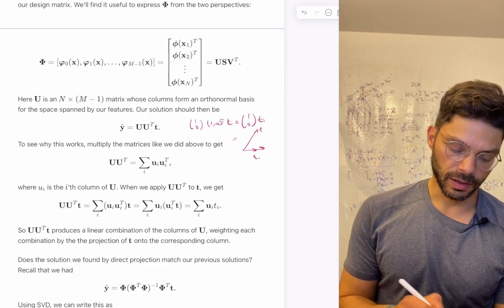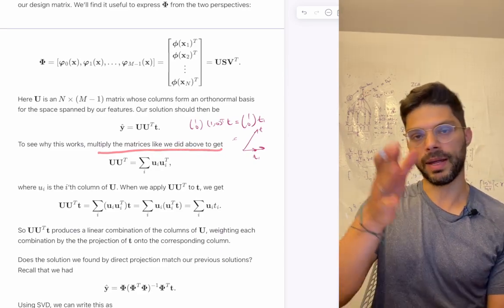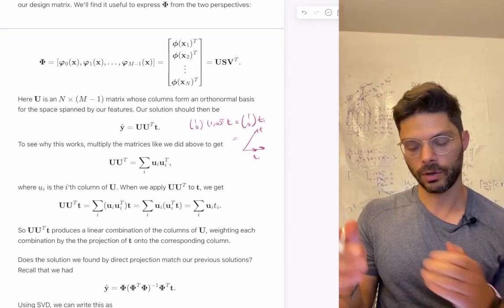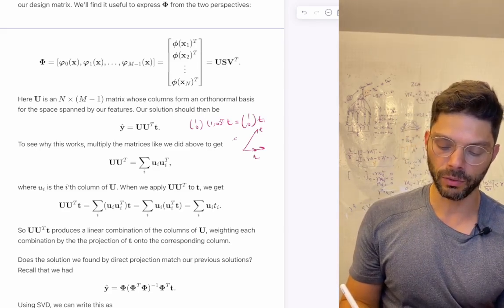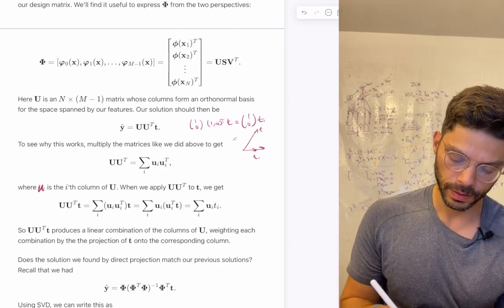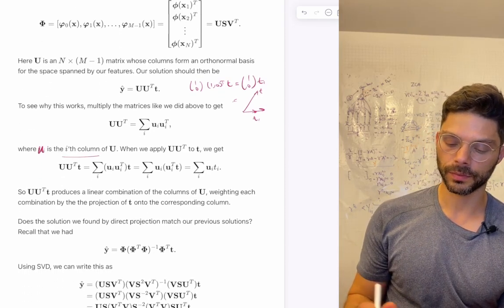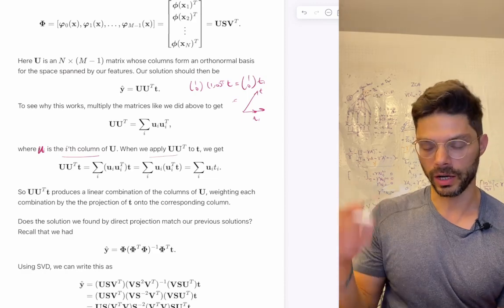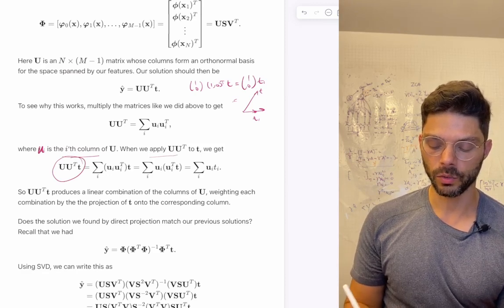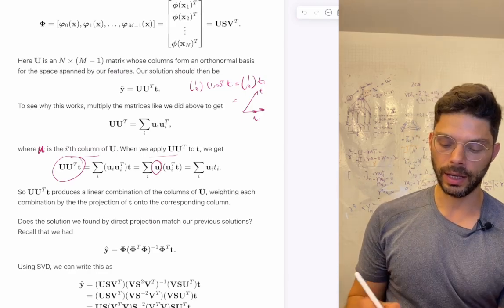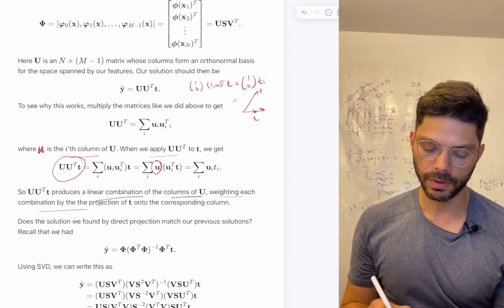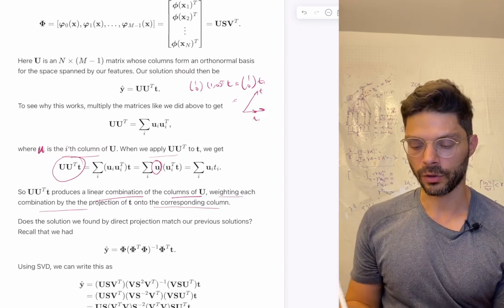Let's see why this works. Multiply the matrices like we did above, remembering the rows and columns idea. UU transpose is just a sum, over all the dimensions that we have, of u_i times u_i transpose, where u_i is the ith column of U. When we apply UU transpose to our target vector, it equals this sum of u_i u_i transpose times t, which is a linear combination of the columns of U, our coordinate axes, weighting each of them by the projection on the corresponding column.